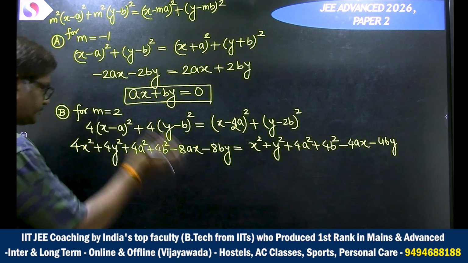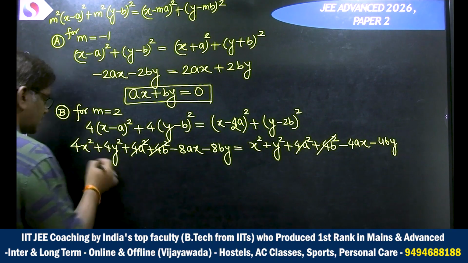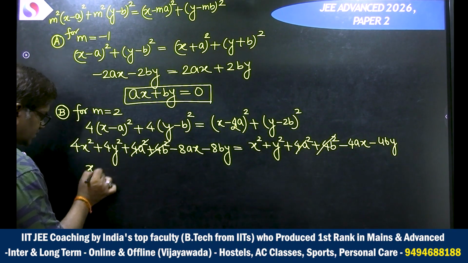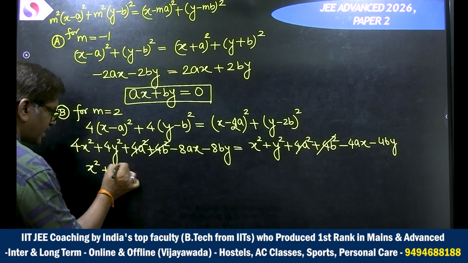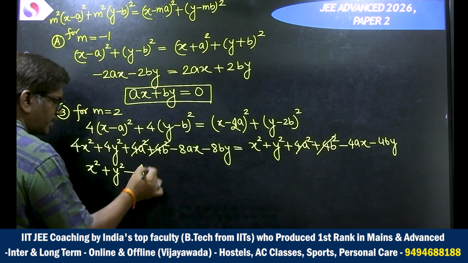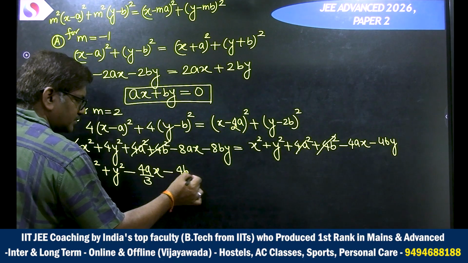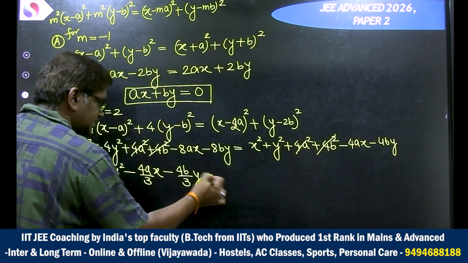All right, arrange the terms. 4a square, 4b square and 4a square, 4b square cancel. Arrange the terms. So it is 3x square plus 3y square minus 4ax minus 4by equal to 0, and dividing by 3, we get x square plus y square minus 4ax by 3 minus 4by by 3 equal to 0.